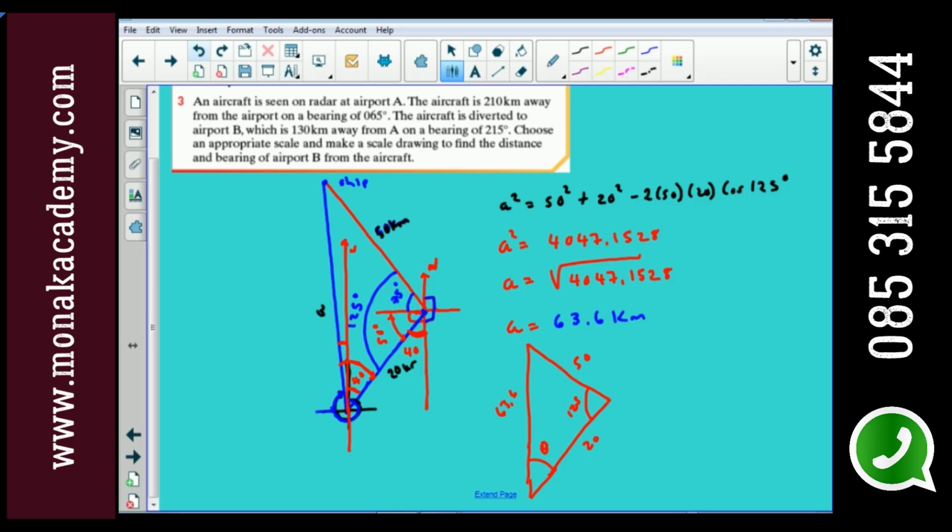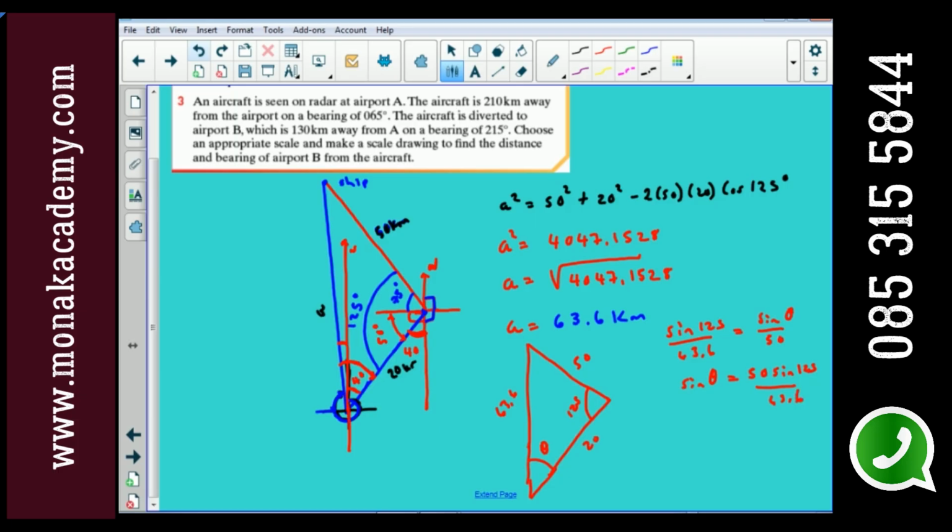Okay. So it'll be sine 125 over 63.6 must be equal to sine theta over 50. So sine theta equals 50 sine 125 over 63.6.